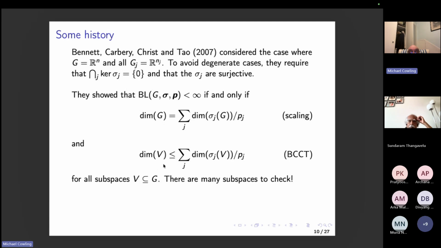And then they get a second condition, which I like to call the Bennett-Carbery-Christ-Tao condition, that is a condition that has to hold for all subspaces of R^n. Now, of course, R^n has got infinitely many subspaces, so that in principle there are infinitely many conditions to check.